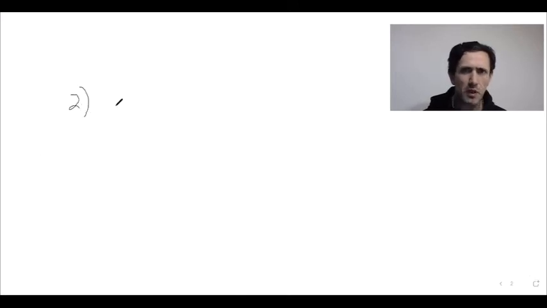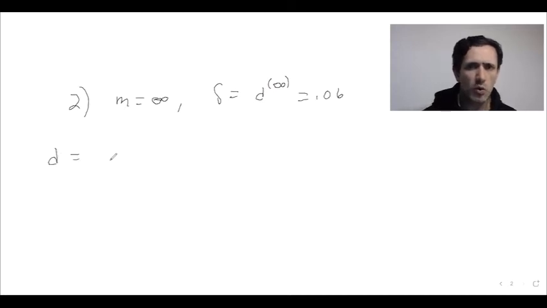Here we're given that discount is compounded continuously. Our discount compounded continuously is given by 0.06. So our formula for the equivalent effective annual discount rate d is just 1 minus e to the minus delta.